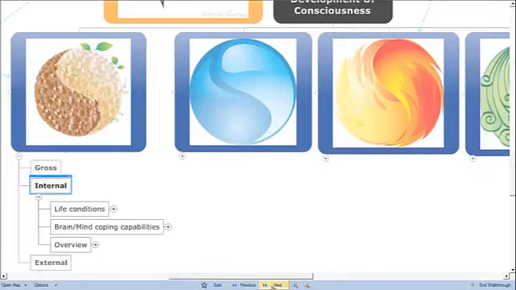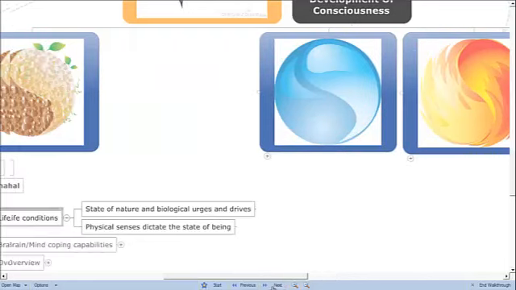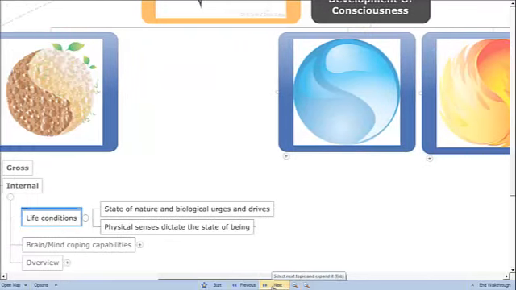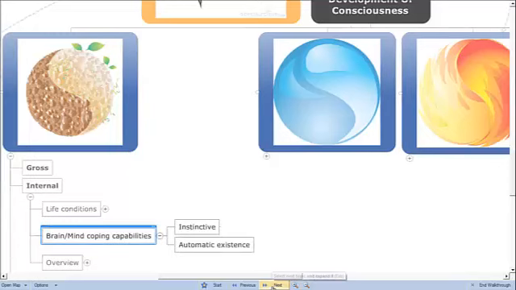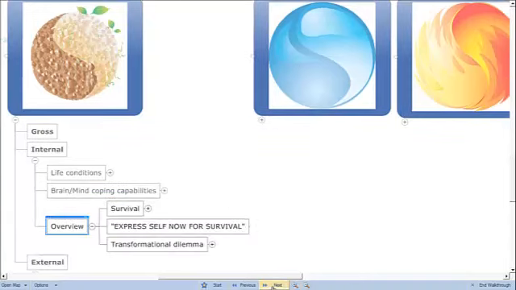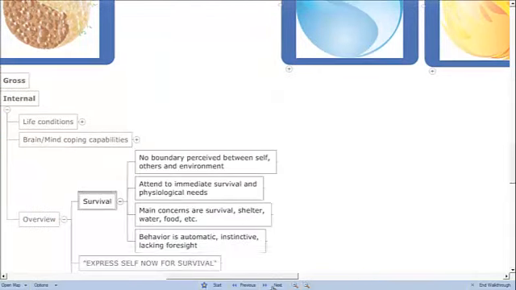So the internal aspect of this, the life conditions for this type of consciousness are a state of nature and biological urges and drives. And the physical senses dictate the state of being. The brain or mind coping capabilities at Earth internal are just instinctive and automatic existence. So a brief overview of this, Earth internal is just pure survival.